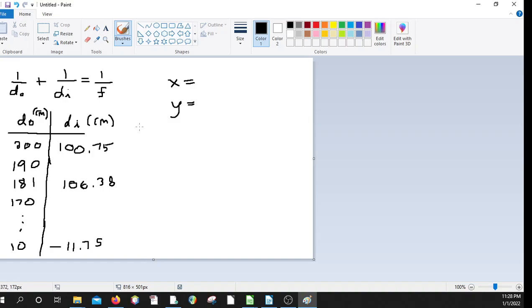But remember, what we're doing is we're fixing the object distance. So that's our independent variable. So x should probably have something to do with DO. Might be DO, it might be something related to that, but it would work if you did it the other way, if you let x equal something related to DI. But that's the idea.